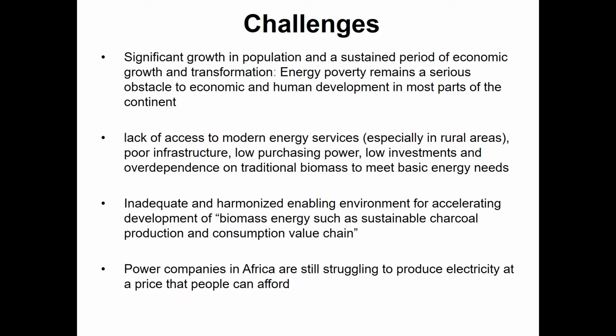About 600 million people in Africa do not have access to electricity, and approximately 730 million rely on traditional uses of biomass. A better system will promote economic diversification, raise productivity, and improve the health and well-being of citizens, as currently only 10% of the continent's potential is being utilized.